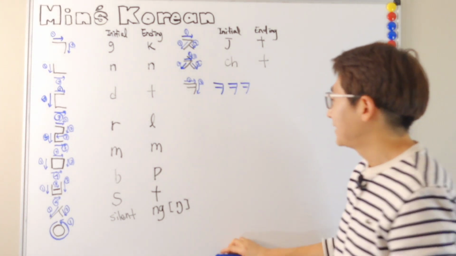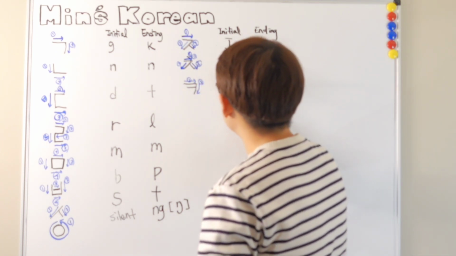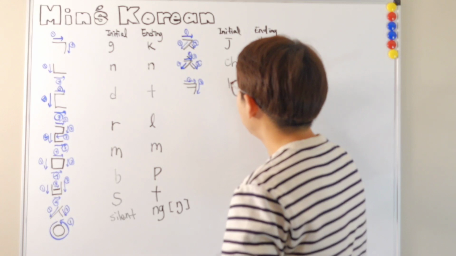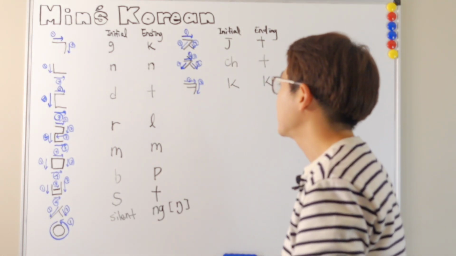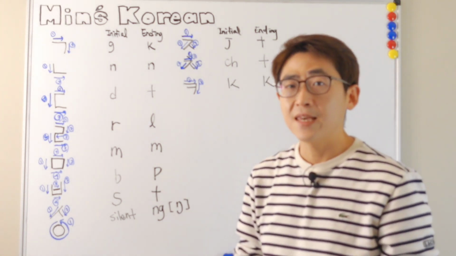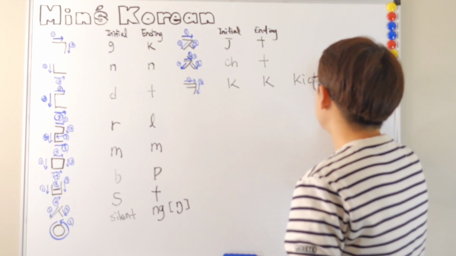Okay, and when it's used as an initial consonant, it makes the sound of K, and the ending sound is same, another K. So like in king, or in kick.